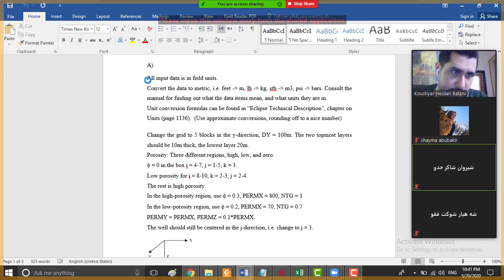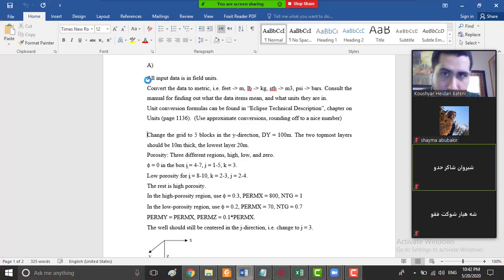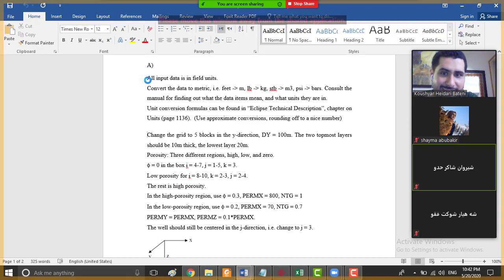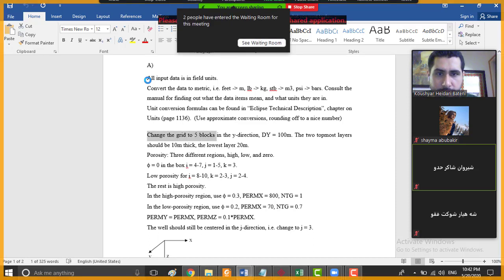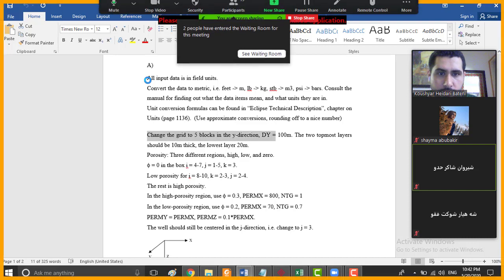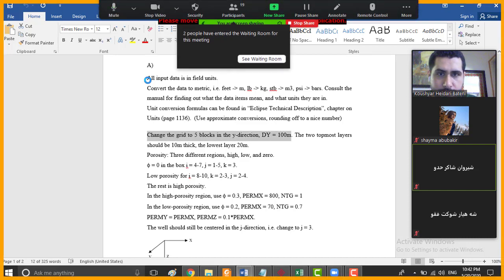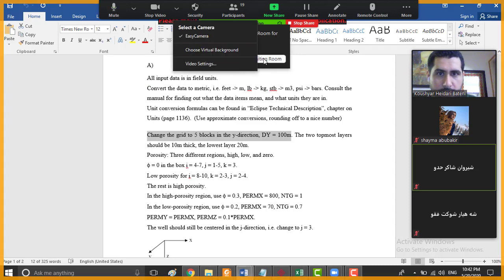do these changes to the data file that we already have. Change the grid to 5 blocks in the y direction with dy equal to 100 meters. So our reservoir is going to be stretched into the y direction for 500 meters, right?